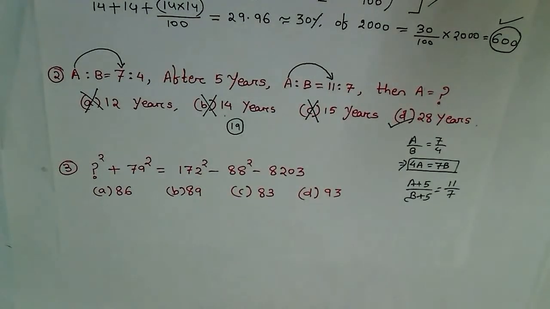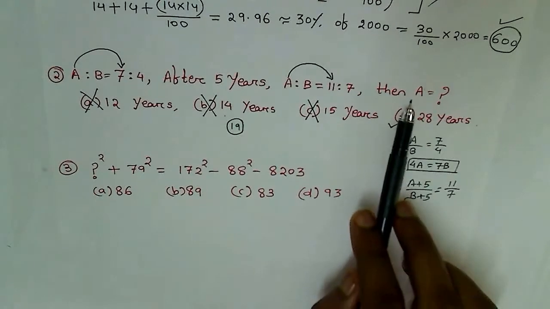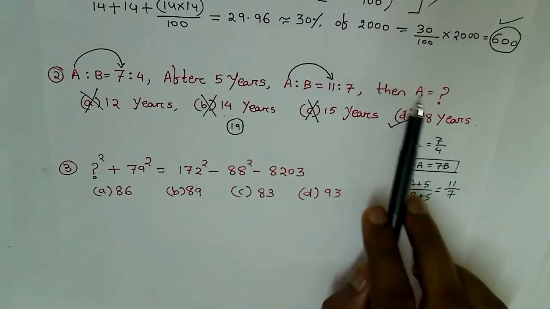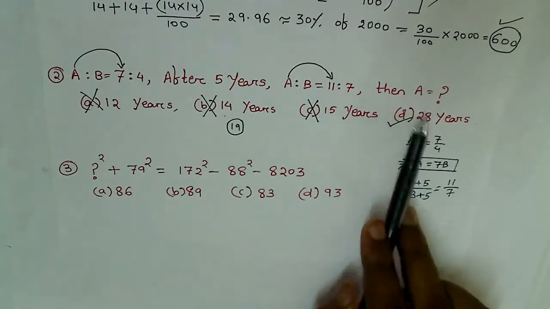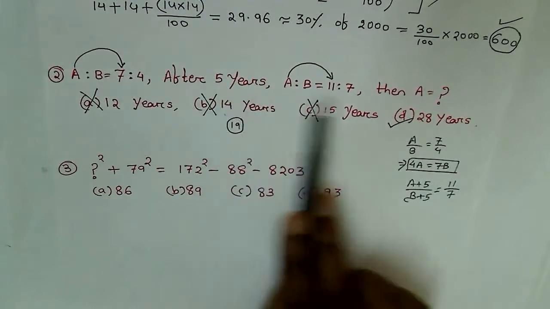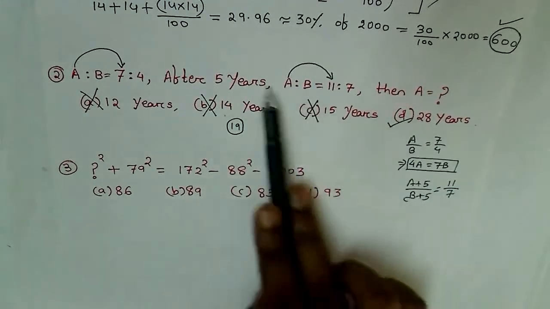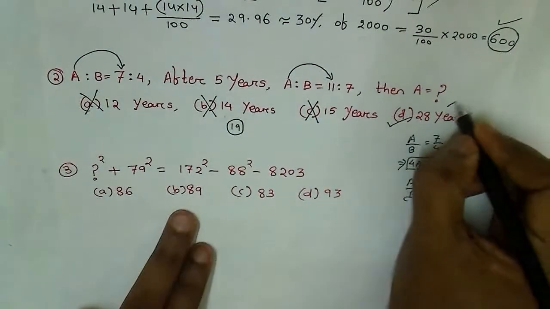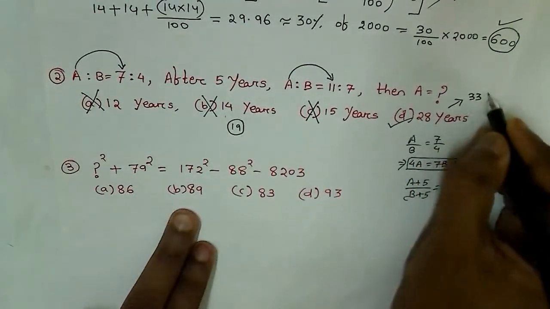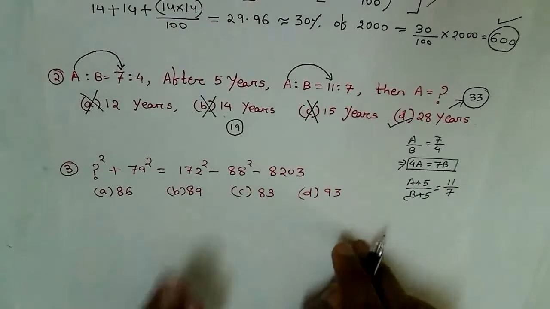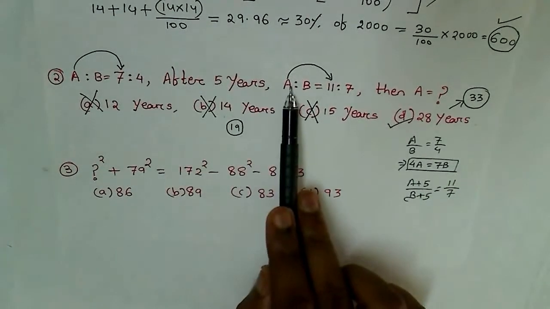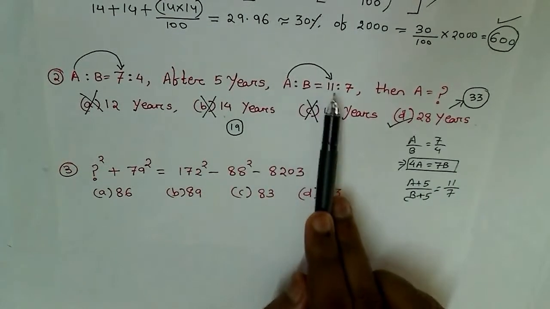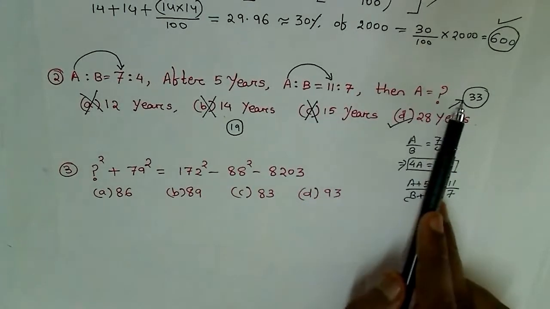Now we will verify whether it is right or not. So initially, the value of A is 28. After 5 years, the value of A is 28 plus 5. It will be 33 years. Now after 5 years, the value corresponding to A is 11. Is 33 divisible by 11?